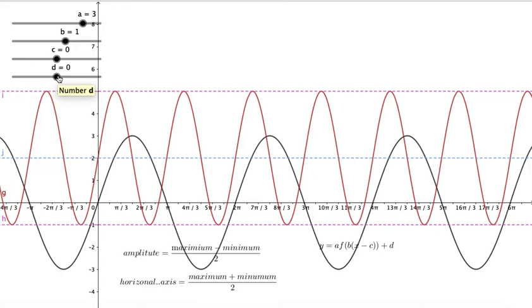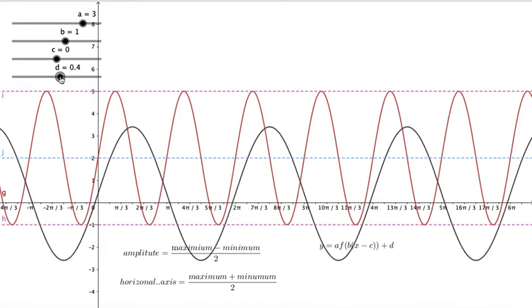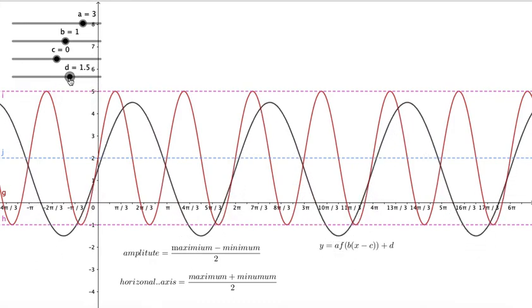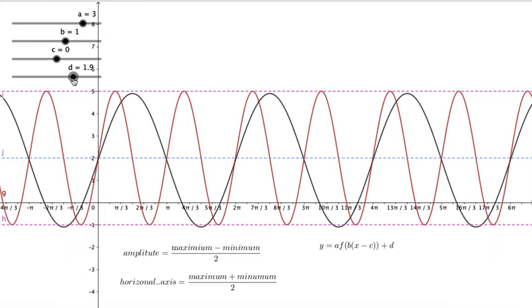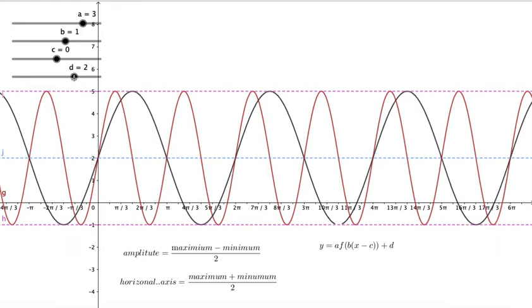I'm pretty happy about this. But to shift my wave up exactly 2 units. And by shifting it up 2 units, you can make the argument that in fact what you're doing is shifting up that horizontal axis. So the way to control the middle of the wave is through a vertical shift.